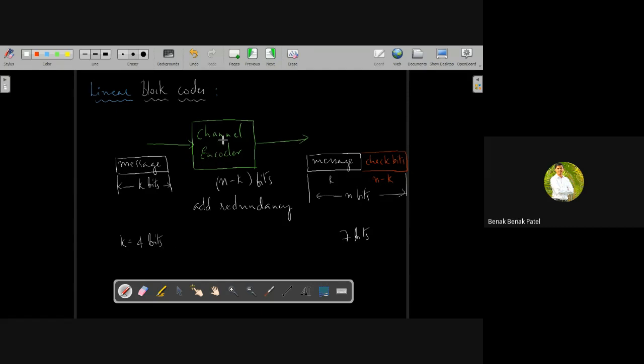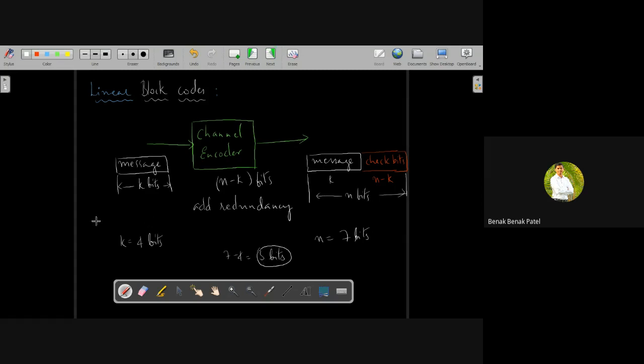The input to the channel encoder is 4 bits and the output is 7 bits. So how many check bits am I adding? 7 minus 4, which is 3 bits. This number is always fixed.